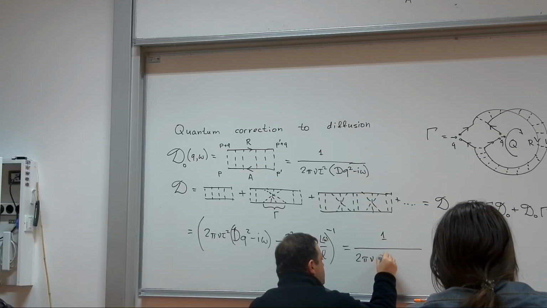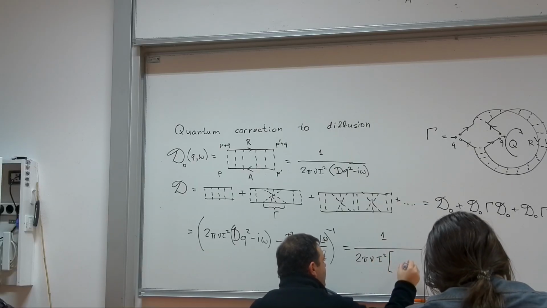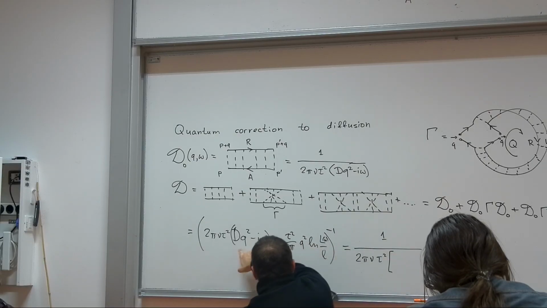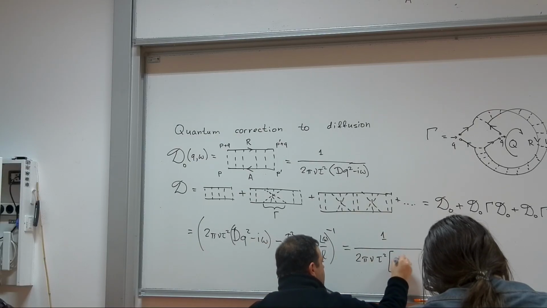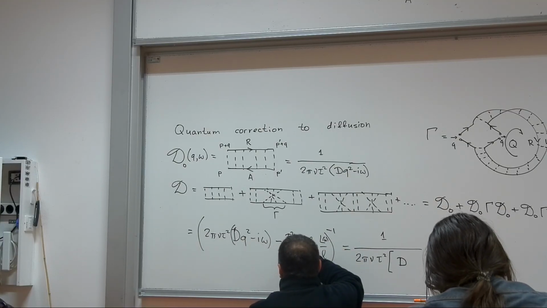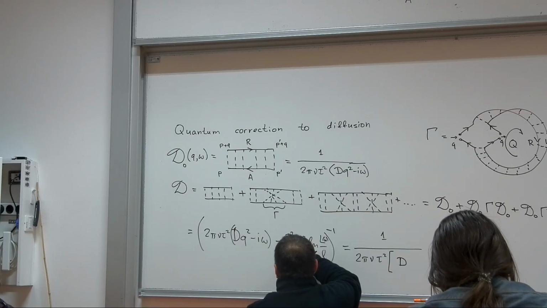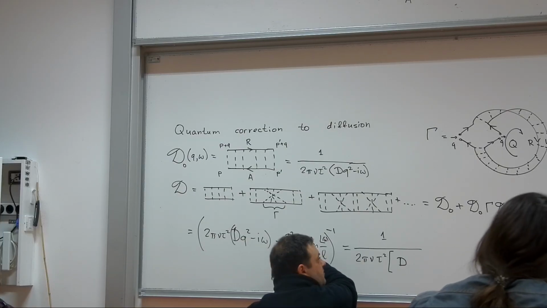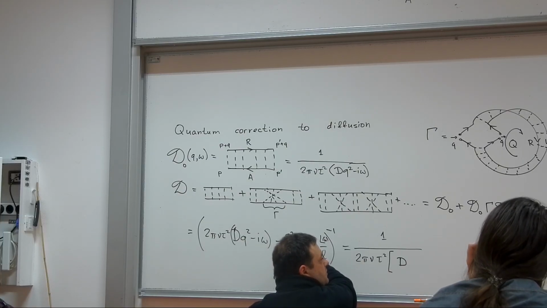2 pi nu tau squared times. So I have two terms with q squared. One is d q squared, and the other one is 2 pi nu, 2 pi squared. Something is missing as usual.